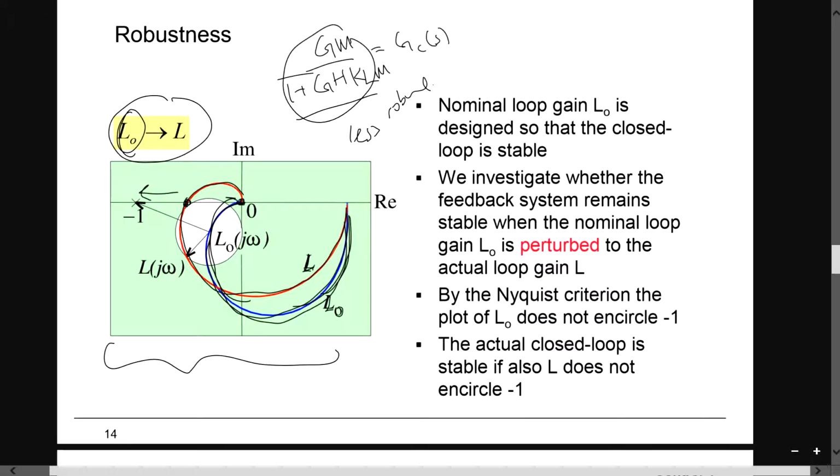This blue color one is really far away from -1, but this point is very near to -1 now. And also I think this is the nearest point to -1. Well, this point is so far away, and therefore we are still considered stable, as long as you don't change the system such that it actually encircles -1. If you do that, then this whole thing is considered unstable based on the Nyquist stability criterion.